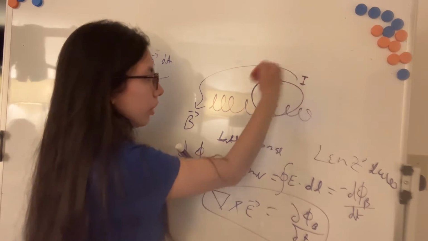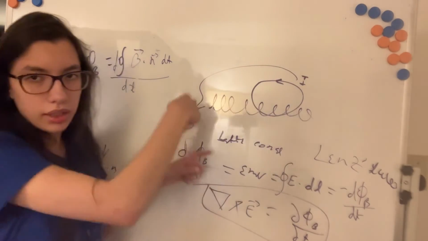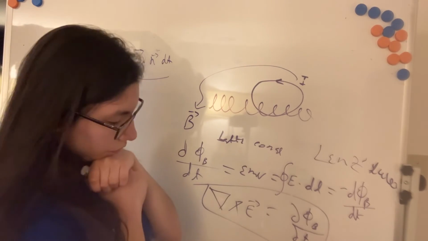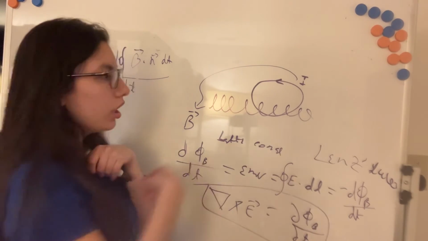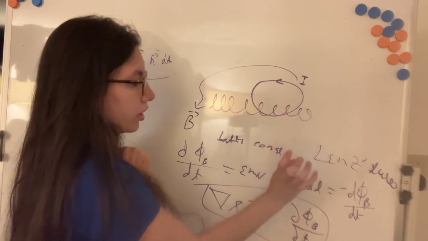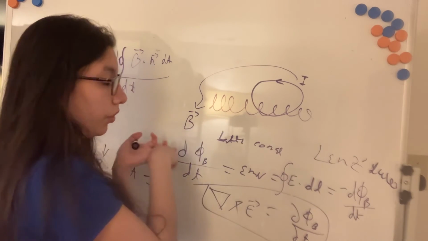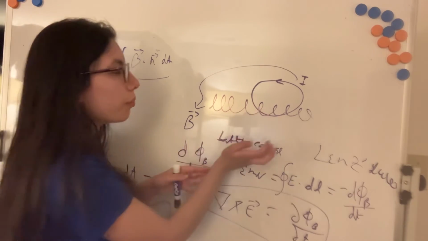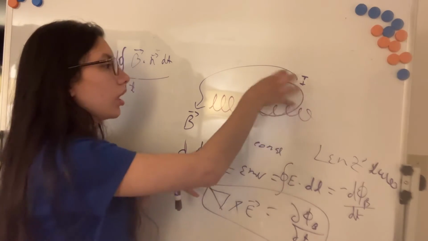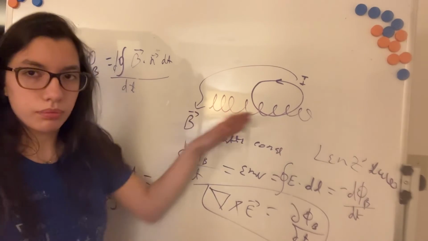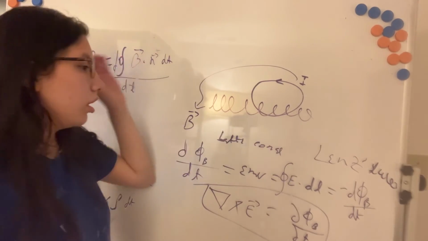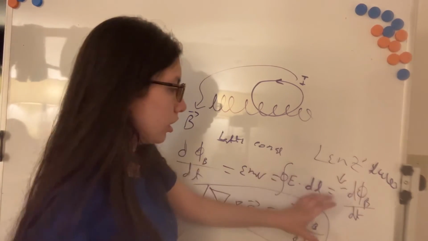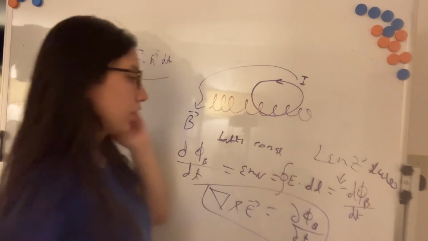Again, the current will be in this direction, and so it would go on to infinity. So intuitively, the change in the magnetic flux produces an electromotive force in which the current goes in the opposite direction to the initial current, or to the magnetic field. So this minus is just to remind us of Lenz's law, that it is the opposite direction.